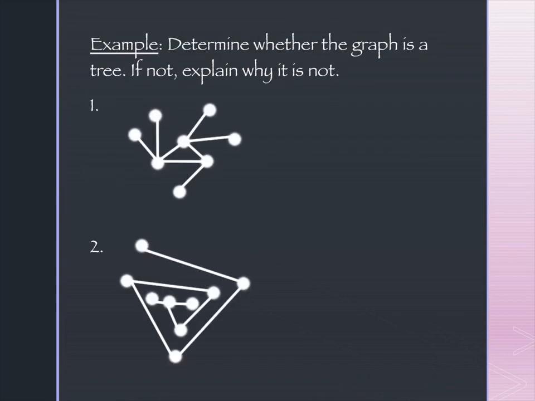Okay, so we've got a couple of examples, and we're going to decide, are these trees? All right, number one, is it a tree? Got some yeses and some nos. And the answer is no. Why is it not a tree? Let me put these images in the bottom so I can mess with them.